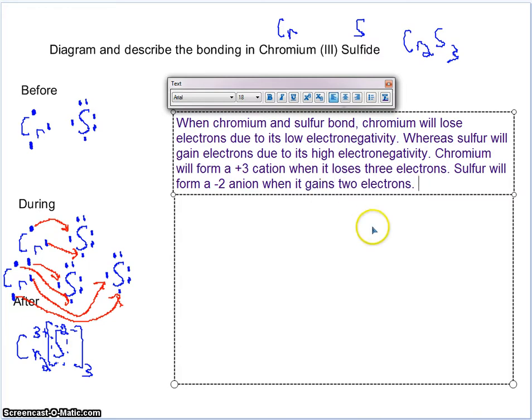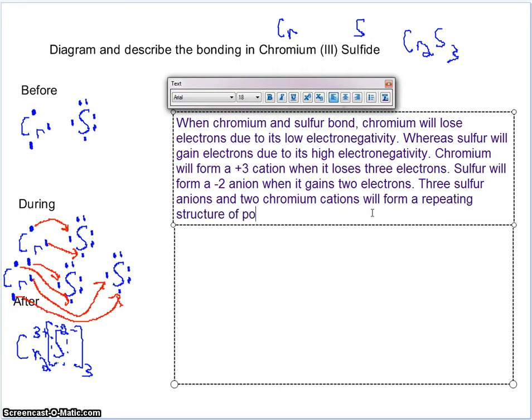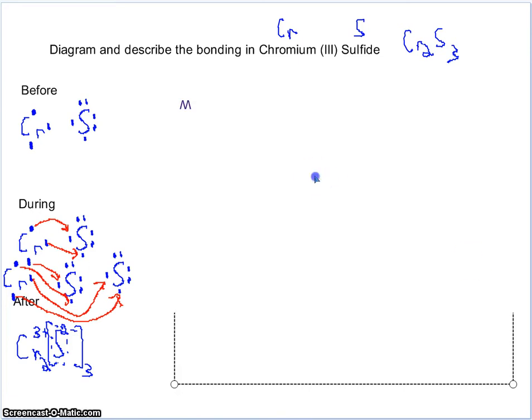Okay, now what else do I need to talk about? The structure. So we can say 3 sulfur anions and 2 chromium cations will form a repeating structure of positive and negative, a crystal lattice. Okay, so we've talked about electronegativity, electrons, ions, and the structure. So I think we're good.